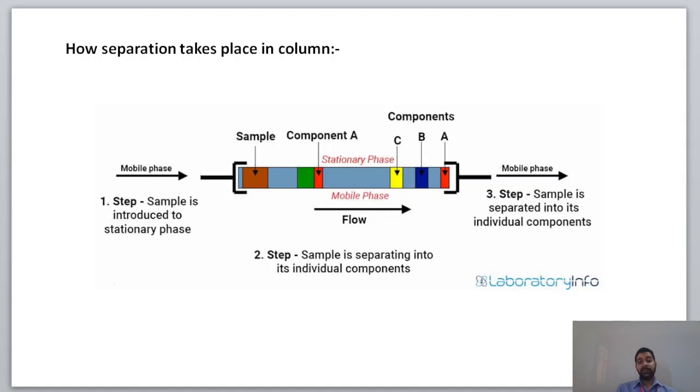Step 2, the sample is separating into its individual components, A, B and C. At last, the third step, the sample is separated into its individual components, and we are going to collect component A separately, component B separately, component C separately. This can be visualized in the recorder in the form of a chromatogram, having separate retention times.